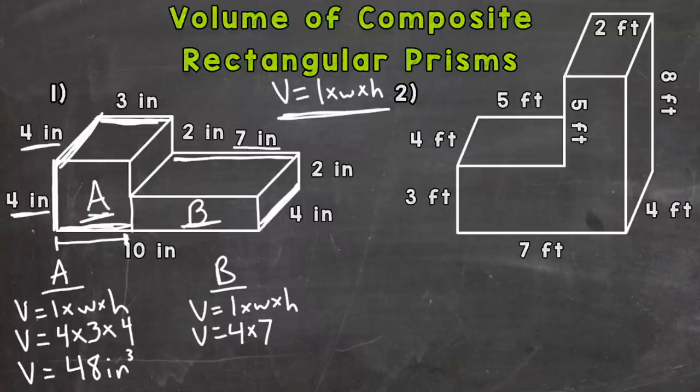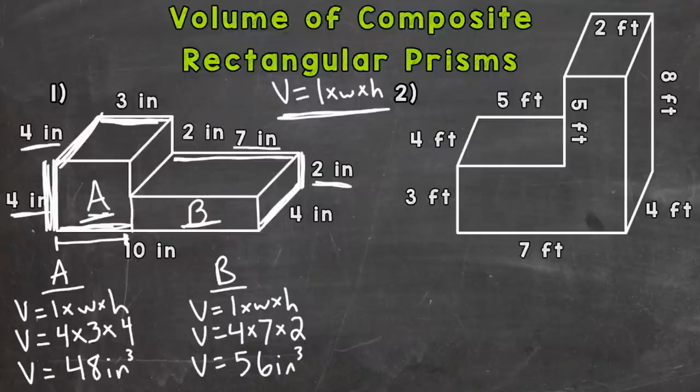And then the height, well, B isn't this full 4 inches that we used for A. It's a little bit shorter. So let's look back here, and this 2 inches is our height for B. So 4 times 7 is 28, times 2 is 56, and that's cubic inches.